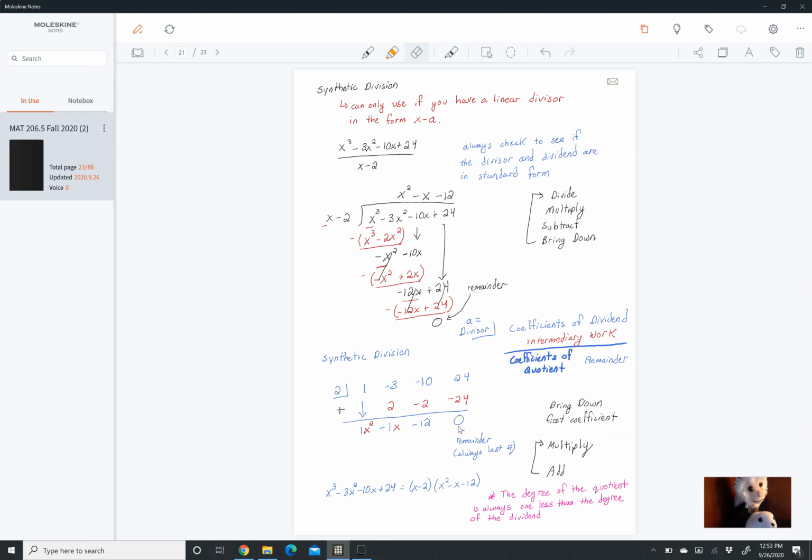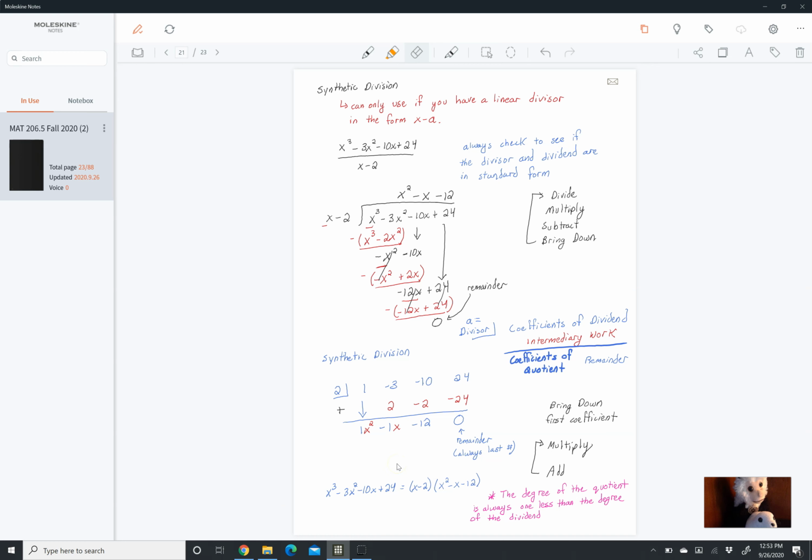The factor theorem says, you got 0, that means x minus 2 is a factor, meaning you're multiplying it with just another polynomial, and you don't need a remainder. You don't need to add or subtract anything. You get your dividend.